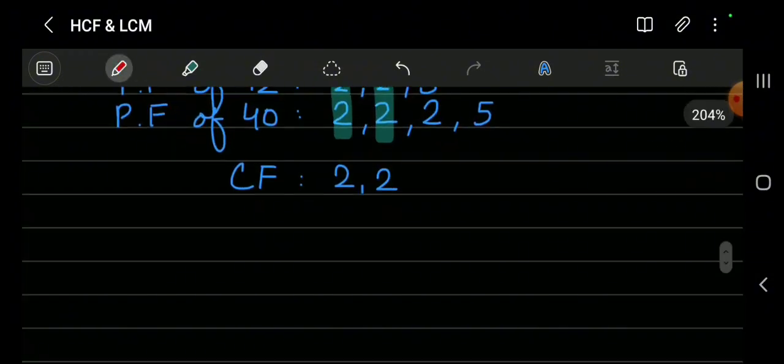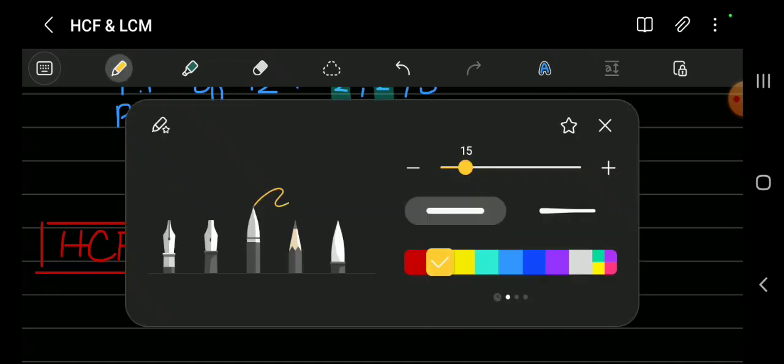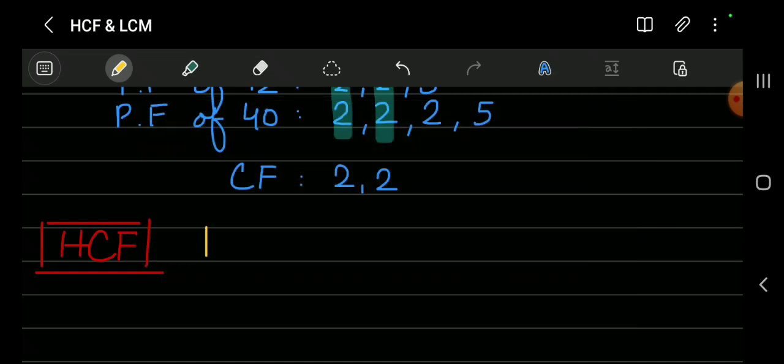Now we get to an important concept, the important thing for which we are learning all this. What is an HCF? HCF is actually the product of common factors.